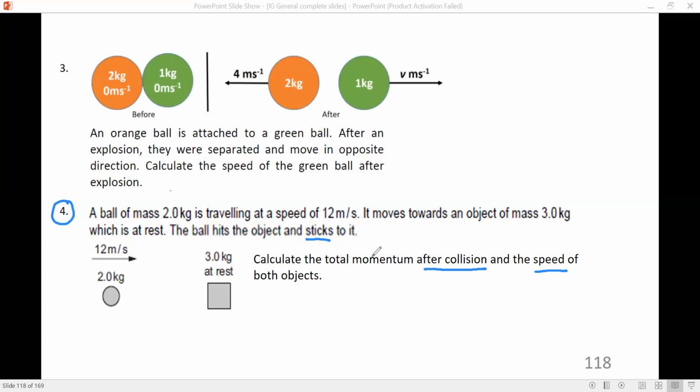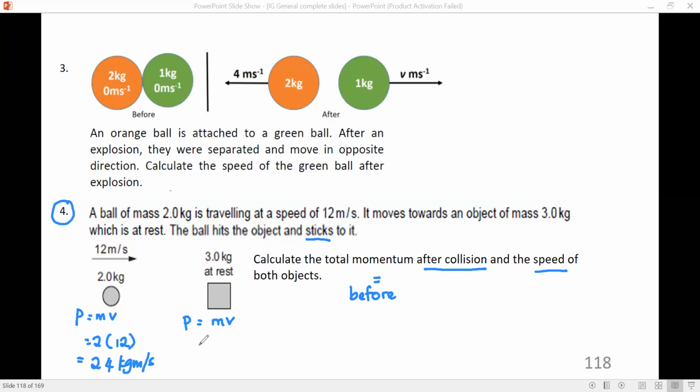Total momentum after collision is equal to before collision. Since we cannot directly calculate after the collision, we calculate before the collision. How do you calculate the momentum before the collision? p equals mv, and then p equals mv for the second object. The mass here is 2, the v here is 12, so you get 24 kg m/s.